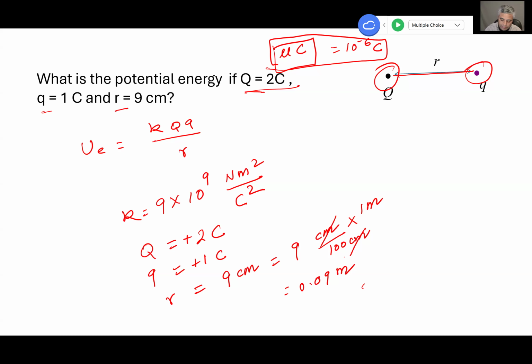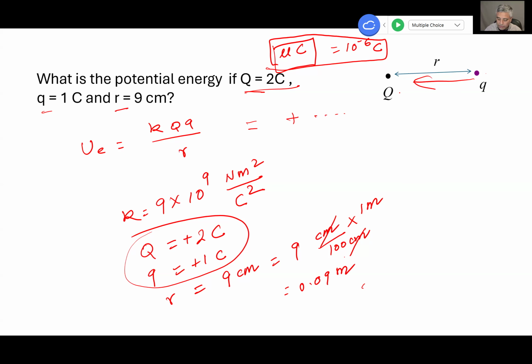So it's just a matter of plugging them in and finding the value, and it's going to be positive because both charges are positive, which means the potential energy is also going to be positive. To bring this charge from very far to this point, an external force had to do work, and that energy was stored here. This charge says, I'm not going to go there because there is a positive charge, right?